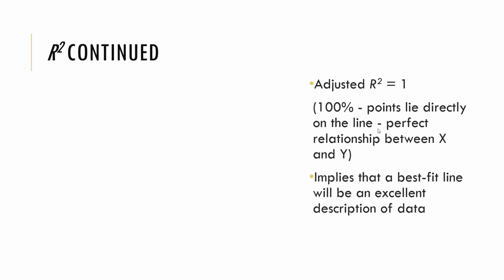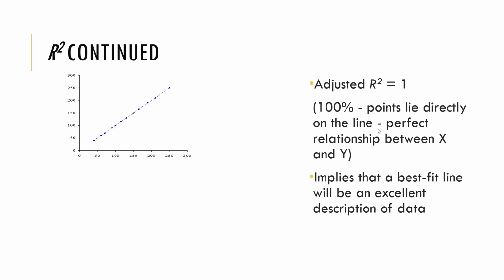So if you had an adjusted R squared of 1, it would mean that you've got a 100% accurate line of best fit. It means that every single data point aligns perfectly with that line. It is a perfect predictive relationship between X and Y. If you find that with your data, something's gone wrong, particularly in the social sciences.